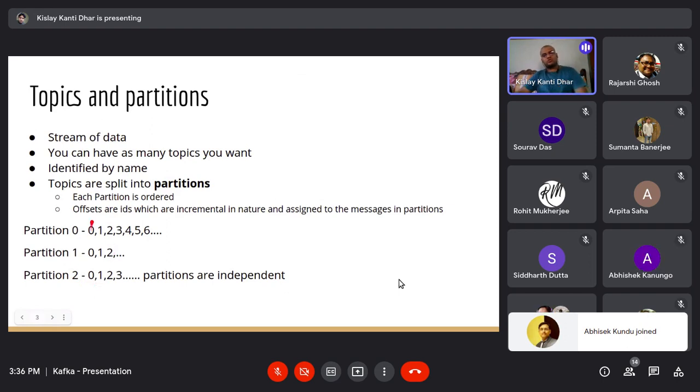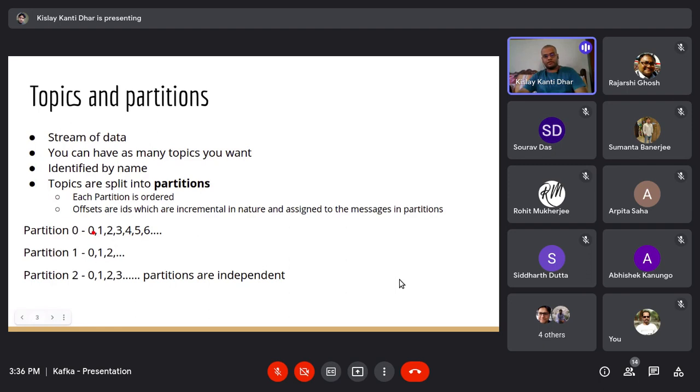What we can see is that these are always serially ordered. They won't be haphazard, like after 0 comes 3 and after 3 comes 1. They will be in ascending order, and they will have an offset which you can consider as an ID.